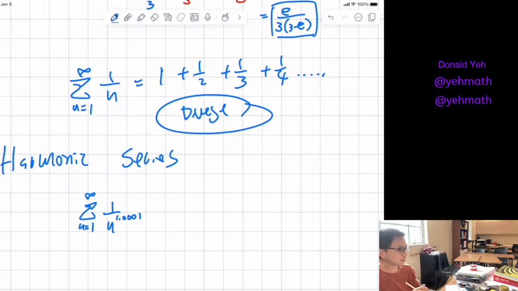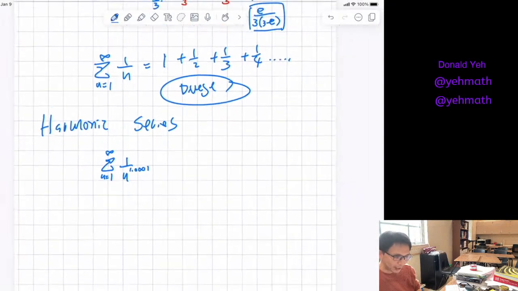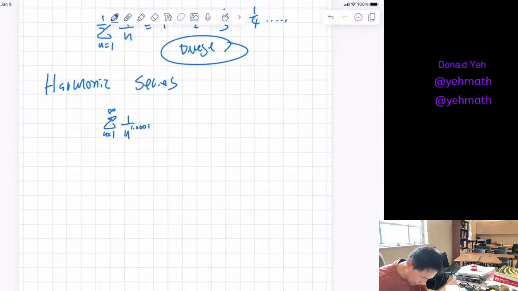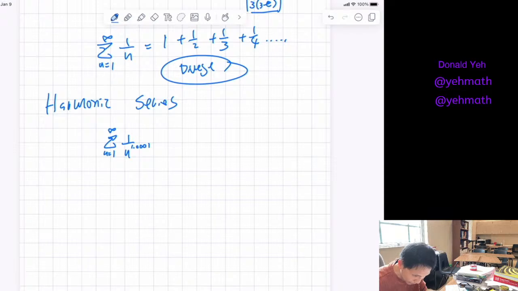Got it? Harmonic series is the next one. 1 over n is harmonic. 1 over n to the 1.0001 converges due to the P series test.